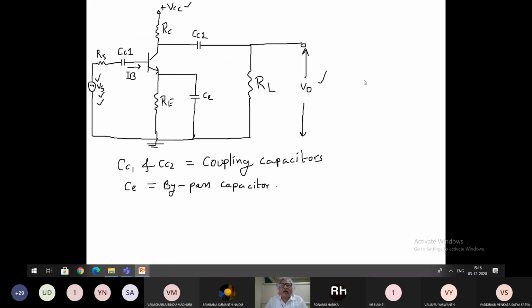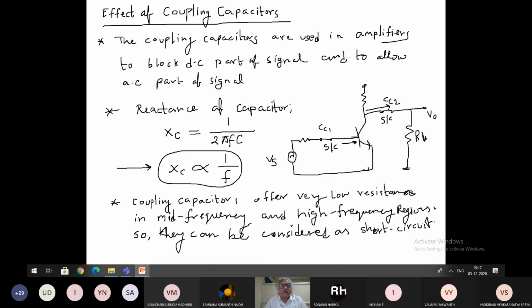Here you can find the coupling capacitors CC1 and CC2, and another capacitor which we have named CE, the bypass capacitor. So what is the effect of the bypass capacitor on the frequency response? That we will see now.